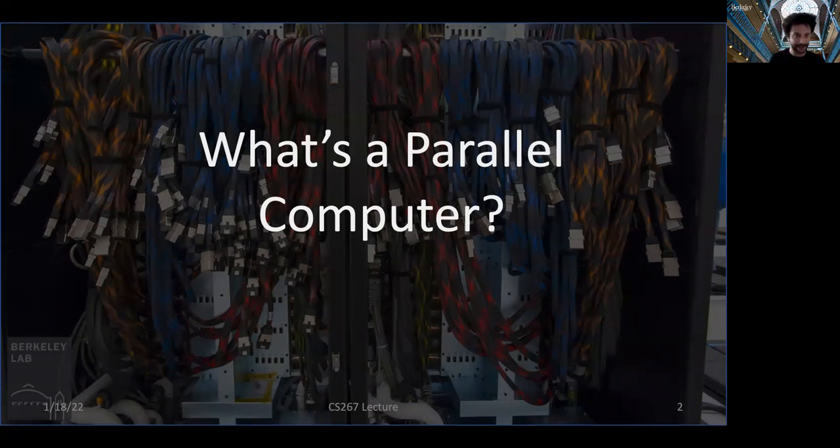This is actually a real photo. You'll always be surprised with how many cables are in there. That speaks a little bit about how important the interconnect between these machines is. But at the end of the day, it's really a machine with a lot of different components connected through an interconnect, and we'll see different variants of them.